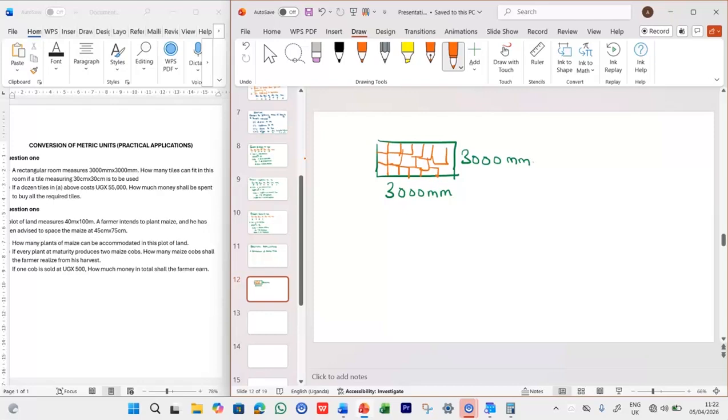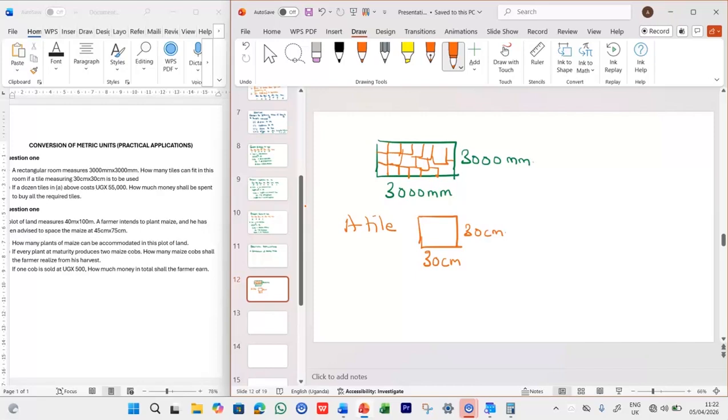Now they are saying each tile is measuring 30 centimeters by 30 centimeters. So how many of these tiles can fit in this room here?